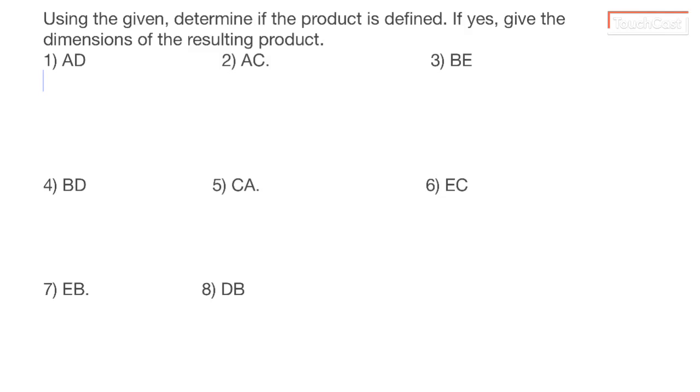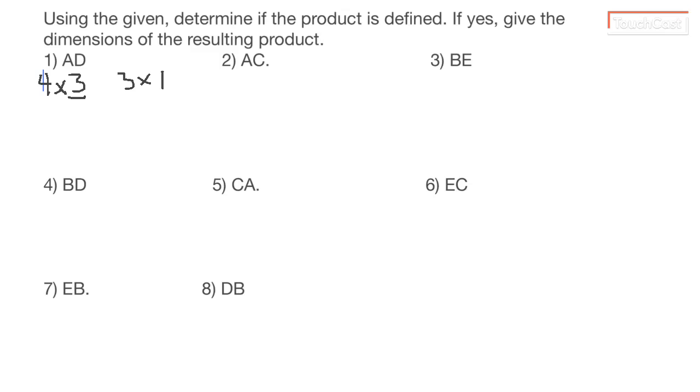Alright, so first we've got AD. Let's write the dimensions of matrix A. We know it has 4 rows and 3 columns. So that means A is a 4 by 3 matrix. D is just a column matrix, which means it's got 3 rows, 1 column. It's a 3 by 1. The only way we can do this is if the number of columns in the first matrix is equal to the number of rows in the second.